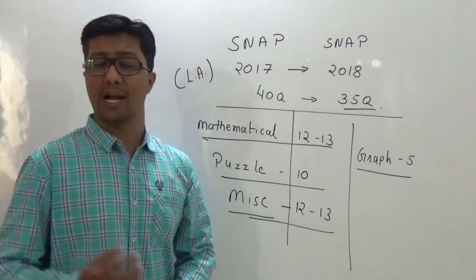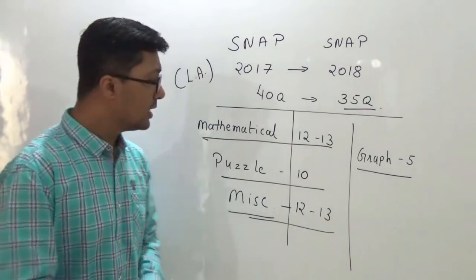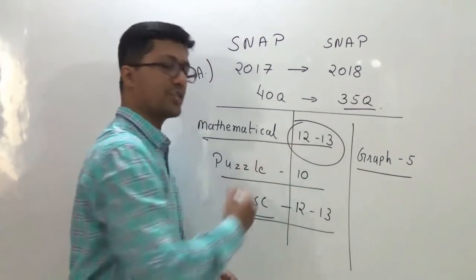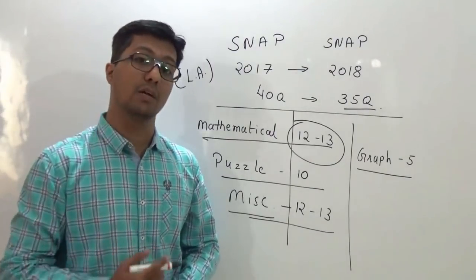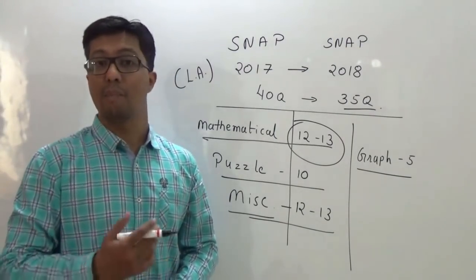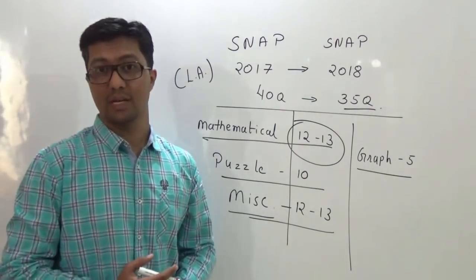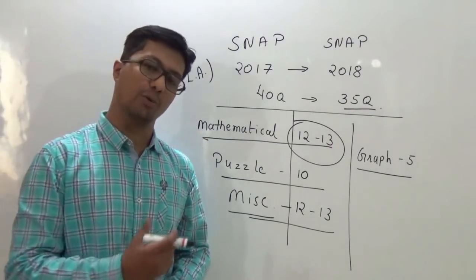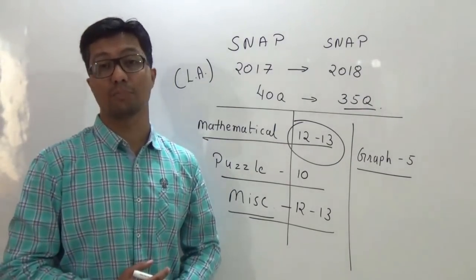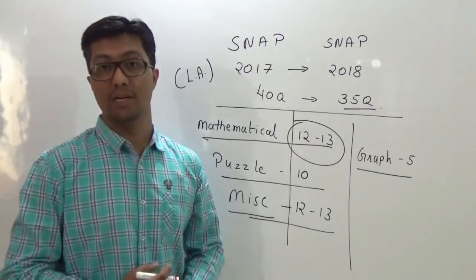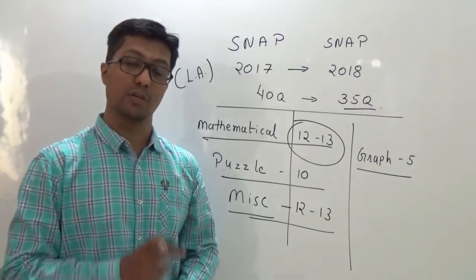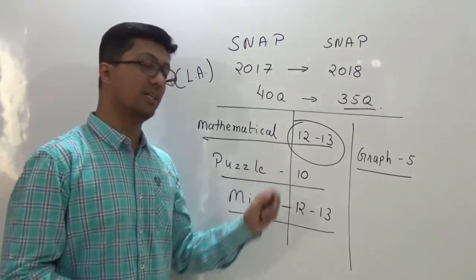Last year, our analysis of SNAP was that there were 12 to 13 questions based on mathematical reasoning, that is maths-based reasoning. So you have to be careful about this section, but nothing can be predicted for the coming exam, whether the questions will again be dominated by this.